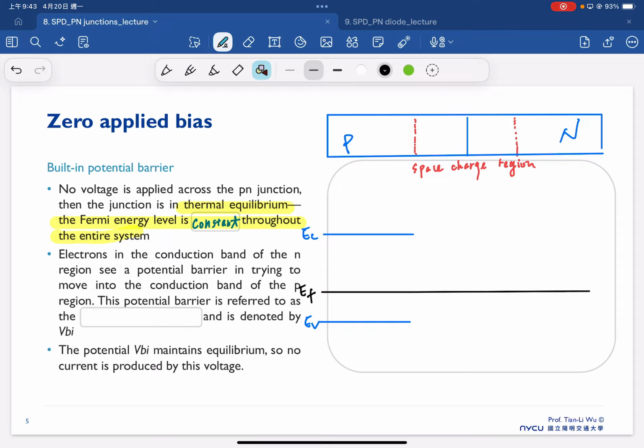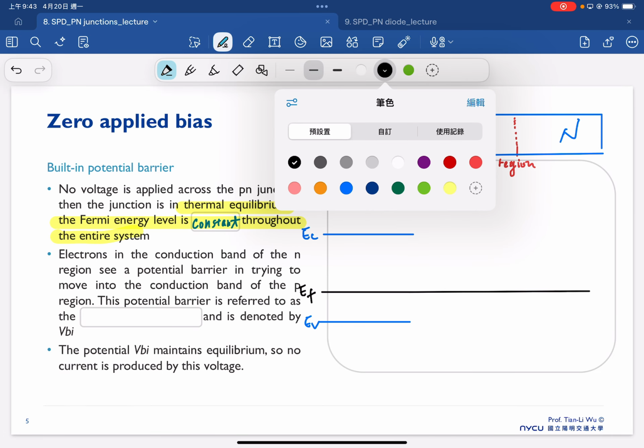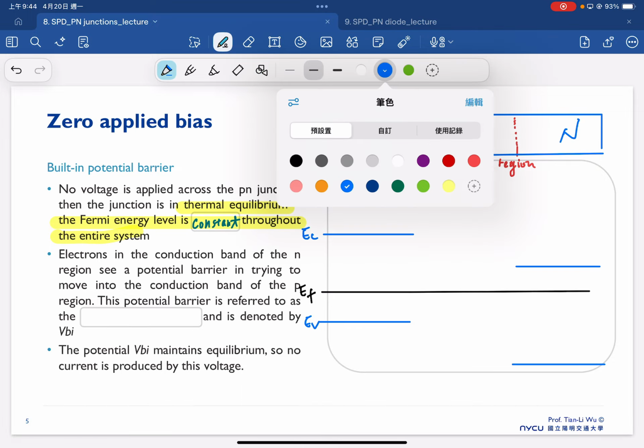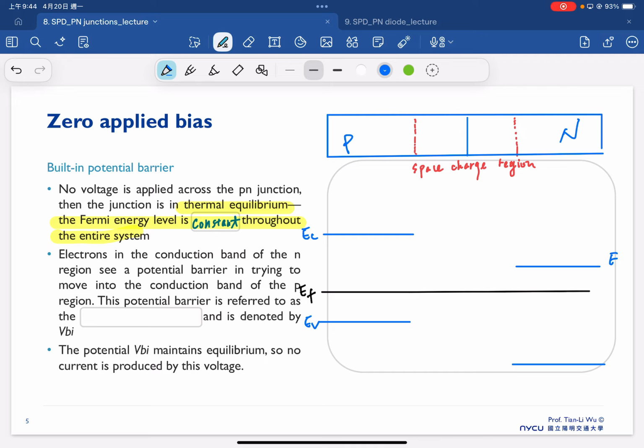Now if we look at the right hand side, which is the N region, as we know in the N-type semiconductor the Fermi energy must be close to the conduction band. So in the N region, our Fermi energy will be close to our conduction band, and therefore we will see our band diagram something like this.